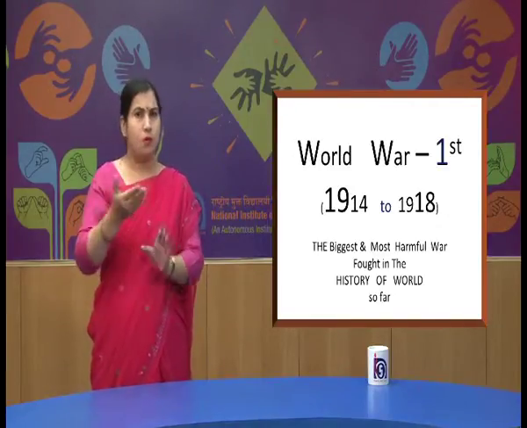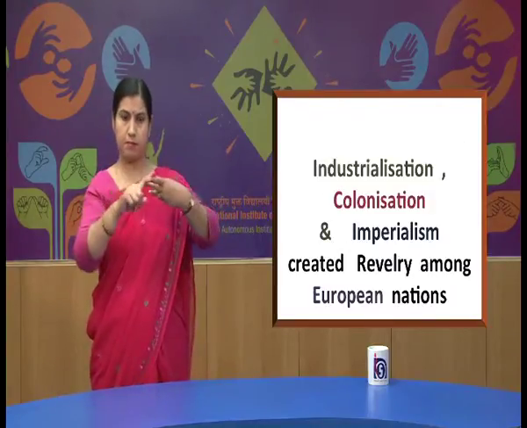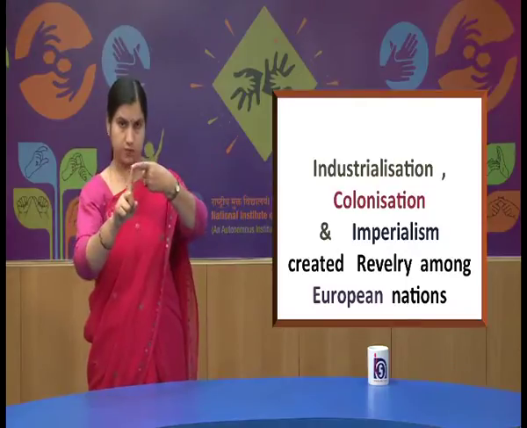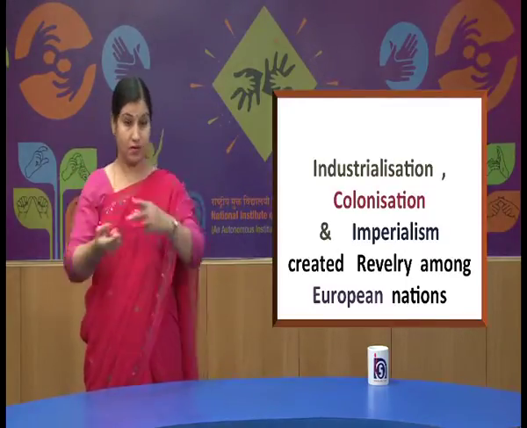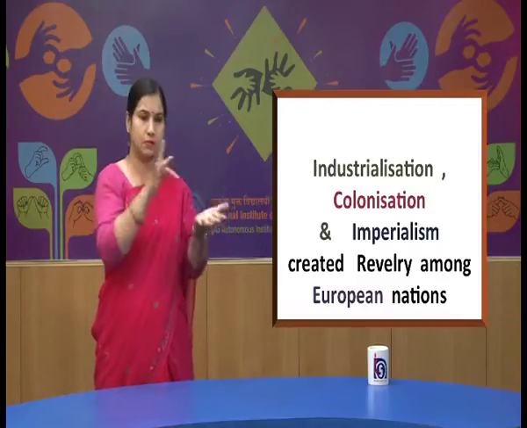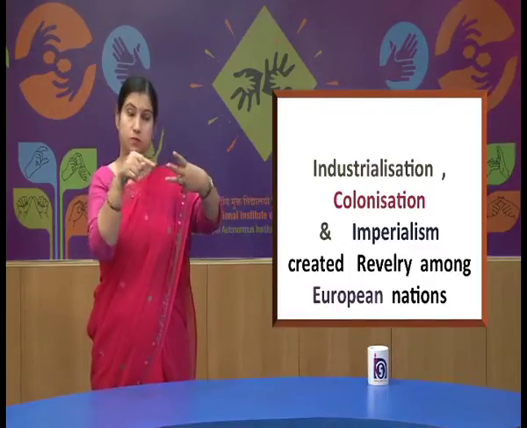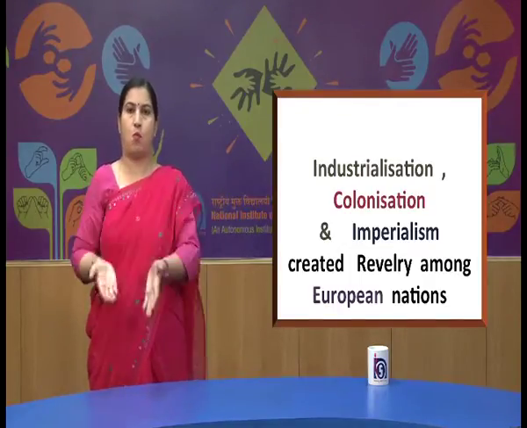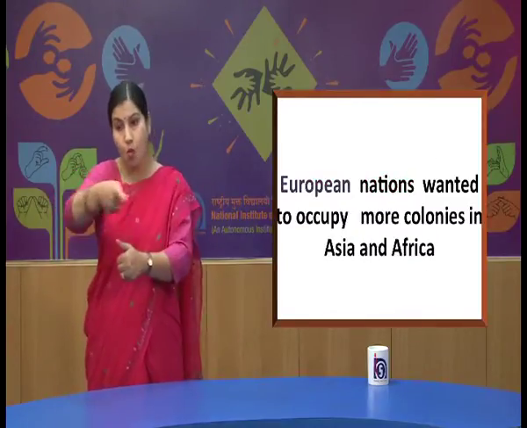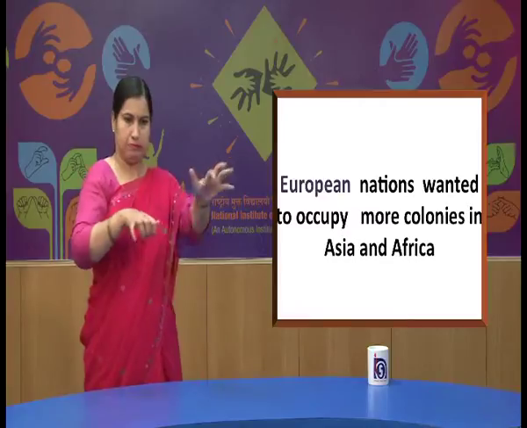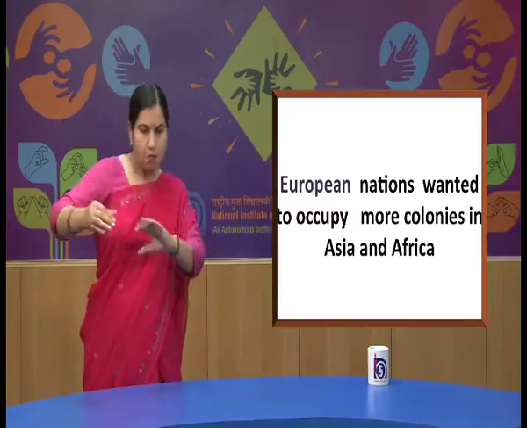As you already know about three terms: industrialization, colonialism, and imperialism. These three created rivalry among European nations, and all of them wanted to occupy as many colonies as possible in Asia and Africa.